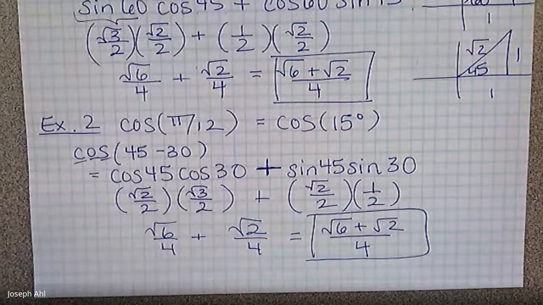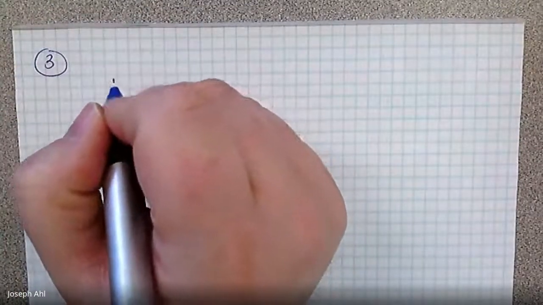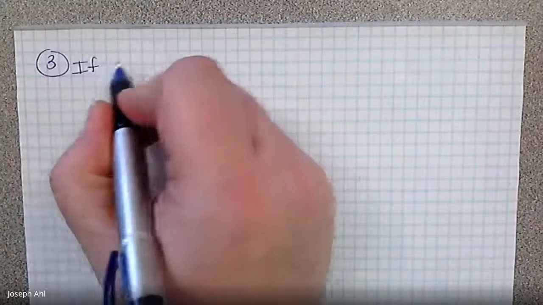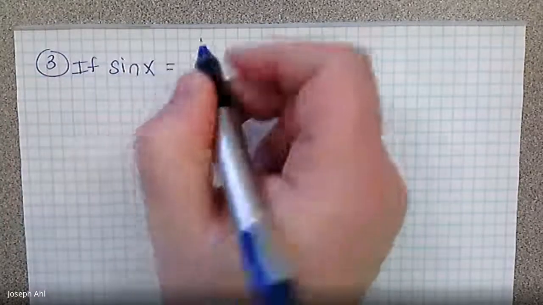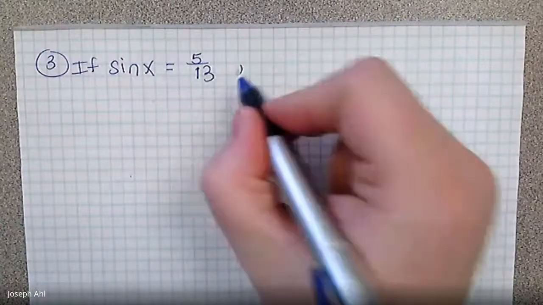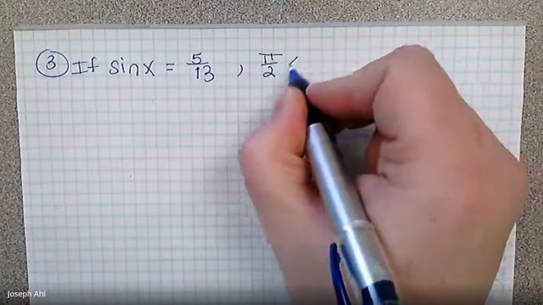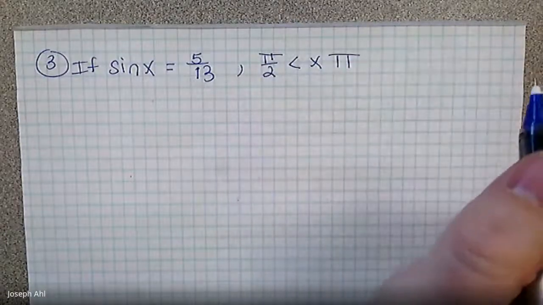All right, let's move on and do really one more type of question today. And once we're done with this question, we'll go ahead and take a look at some more practice when we're in class tomorrow. So in example 3, I'm going to give you some information about two different angles. If sine x equals 5/13, and x is from pi over 2 to pi.